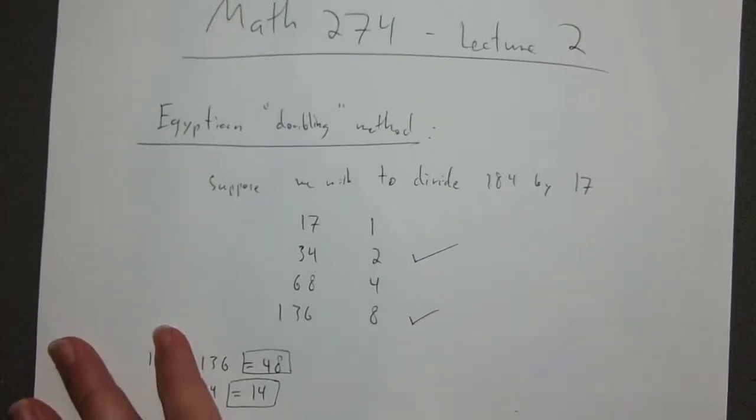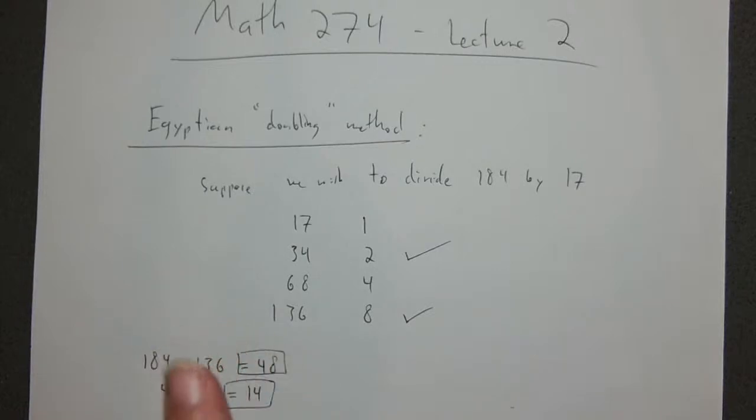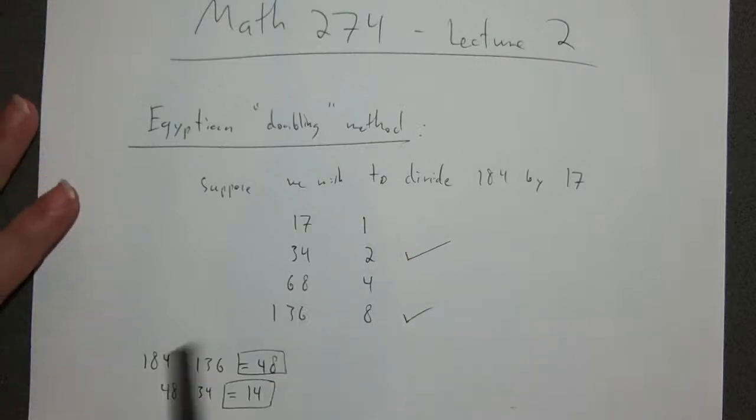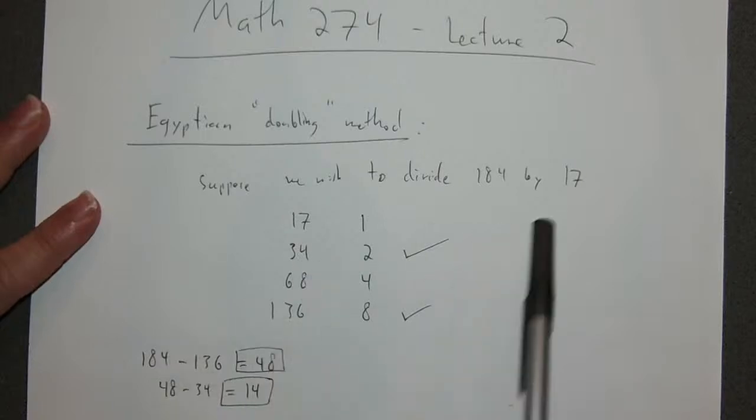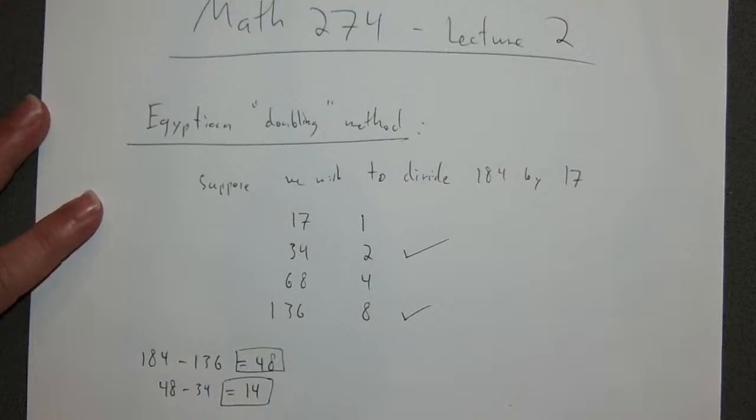This is the part where the Egyptians would have said, this means our process terminates. The reason is you have now gotten to a point where, when you subtract an entry in the list from the result of the previous step, you get something smaller than the thing you're dividing by. So there's nothing to do from here, and this tells you that you're done. What do you do to get your answer? You add the entries in the checked rows.